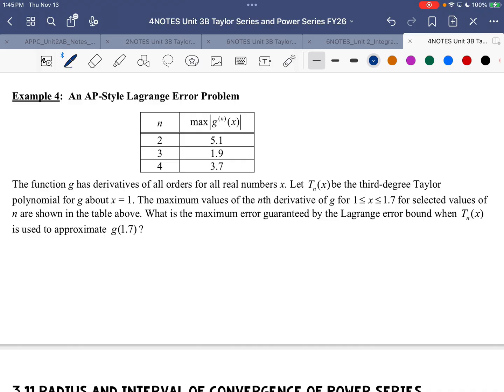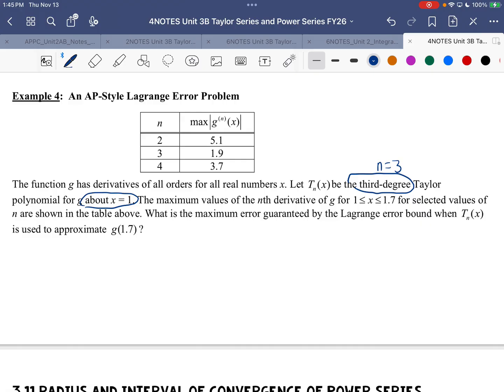Okay, anyways, our last example. Focus. This should be kind of quick. A quick problem. It looks scary because there's a lot of words, and because you're like, Lagrange error bound. Okay, so we are saying the function g has a derivative of all orders, Taylor polynomial third degree. So n is 3, for g about 1. So we're doing x minus 1 in the Taylor polynomial.